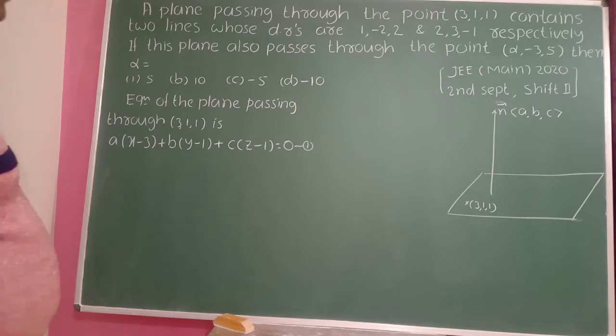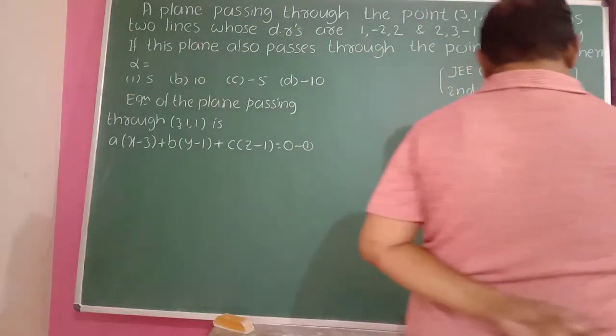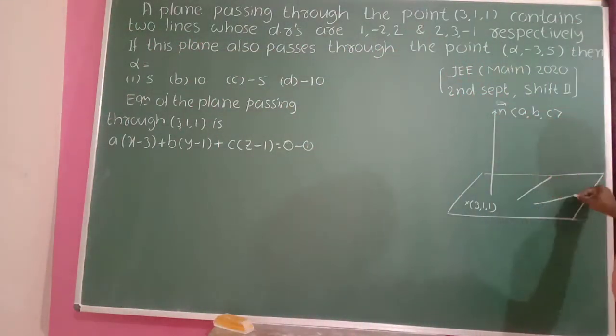Okay. Then the plane contains 2 lines here. So direction ratio of this line is 1, minus 2, 2, and direction ratio of this line is 2, 3, minus 1.